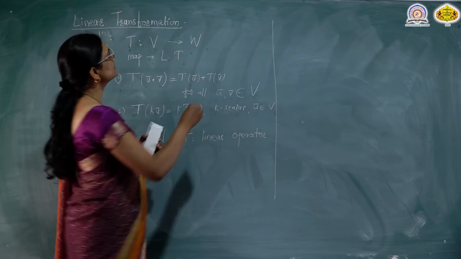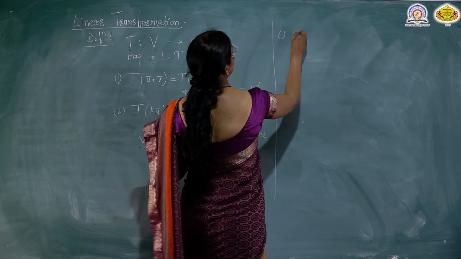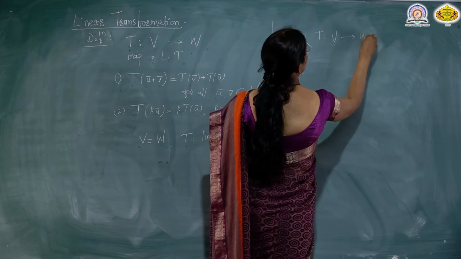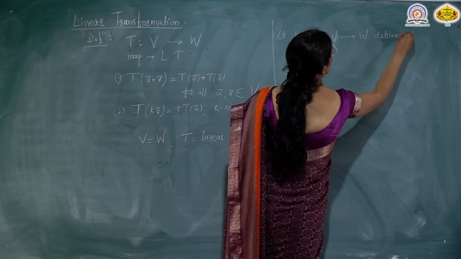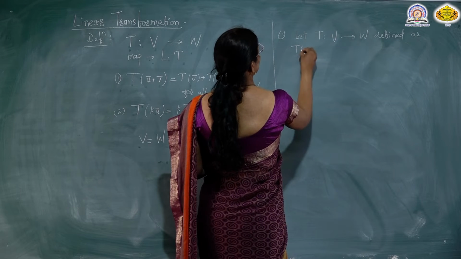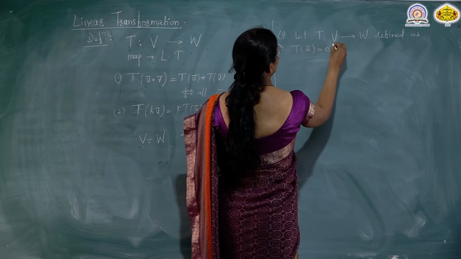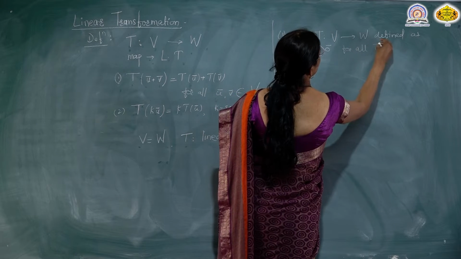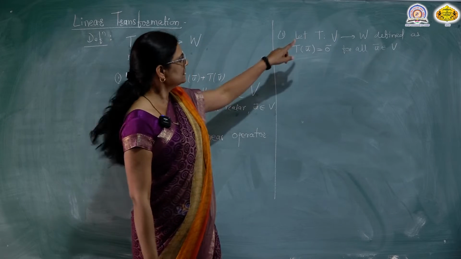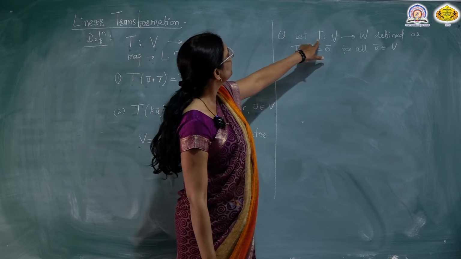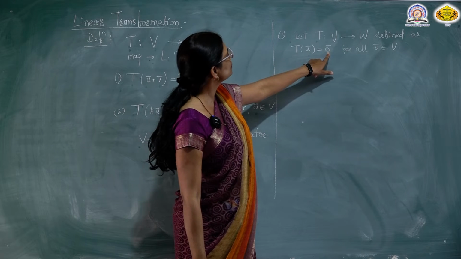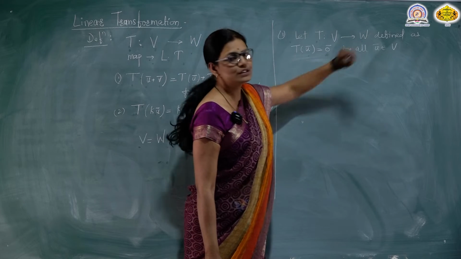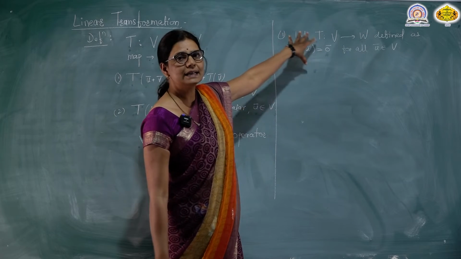Now let us consider some standard examples of linear transformation. Now our first example is: we consider a mapping T from V to W defined as Tu is equals to 0 bar for all u bar belongs to V. Now remember this 0 bar is the zero of the vector space W. We can easily show that it is a linear transformation.